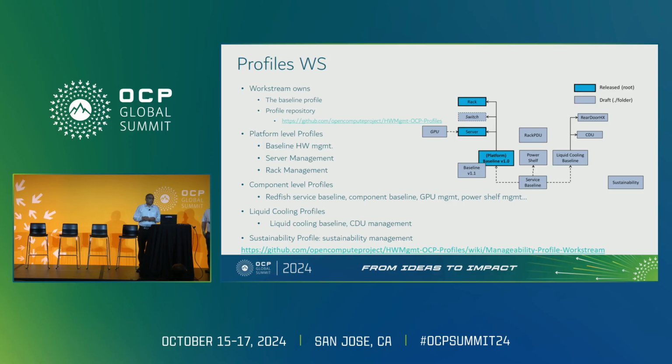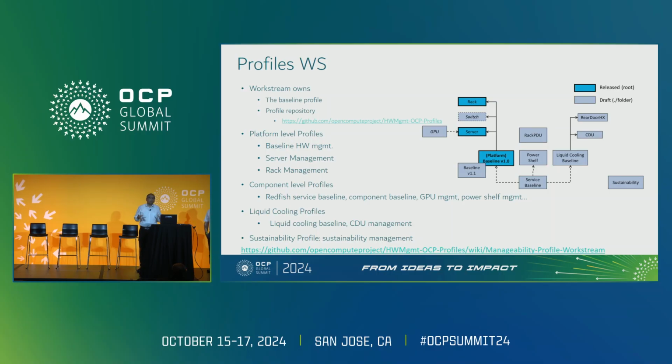From that baseline, profiles are derived for further domains like rack, server, and switch, with GPU also being looked at from the server standpoint. Those are all the platform-related profiles, and we also have component-level profiles, which are also being published.